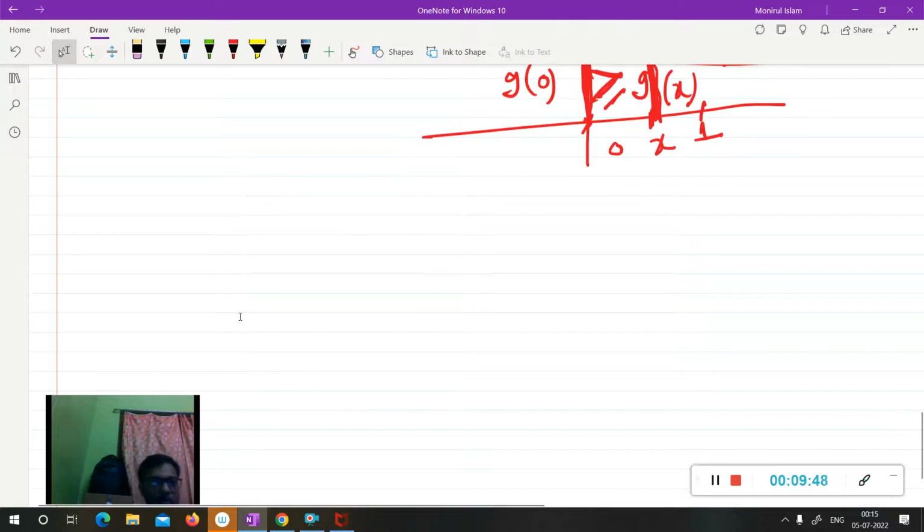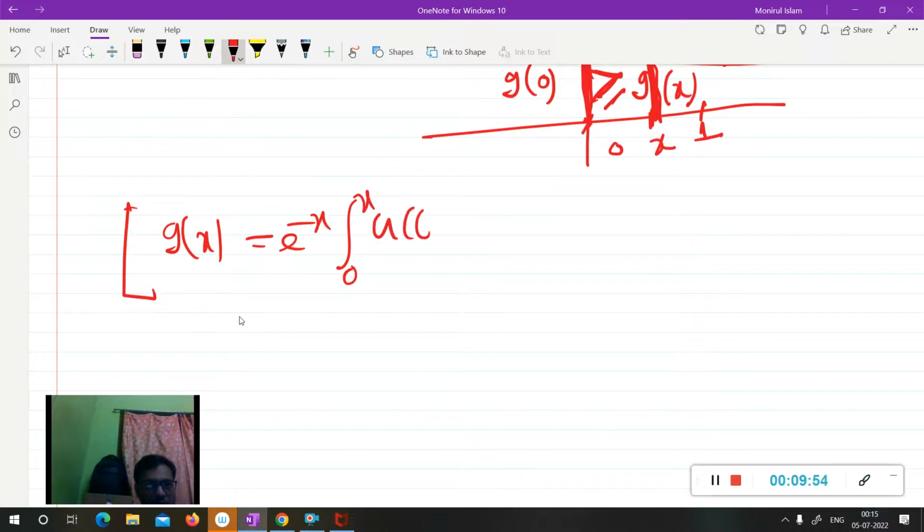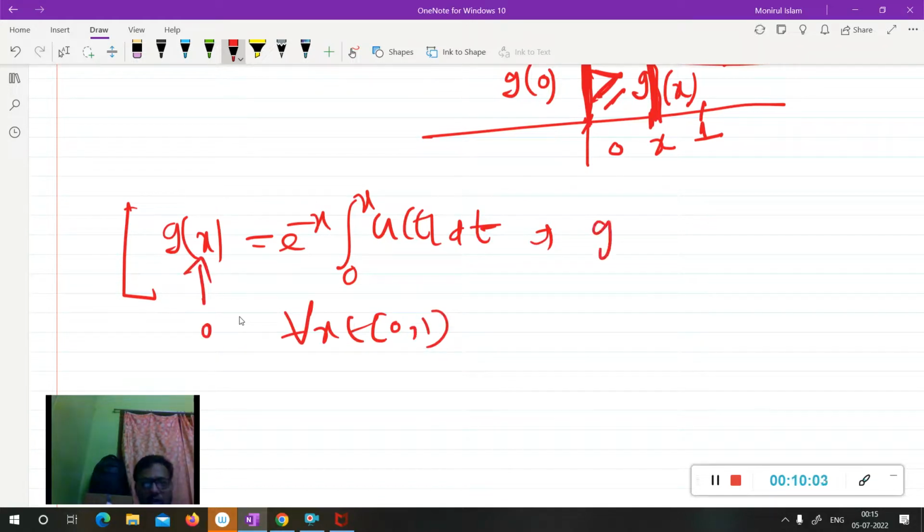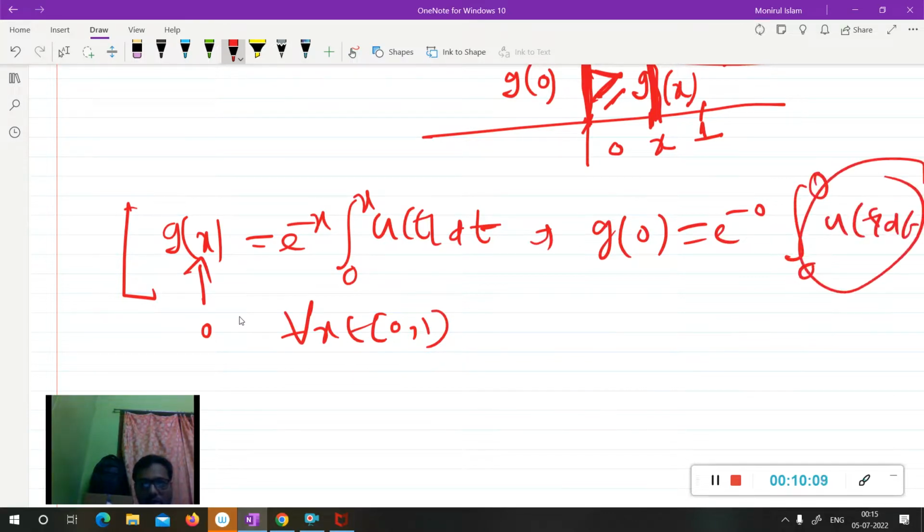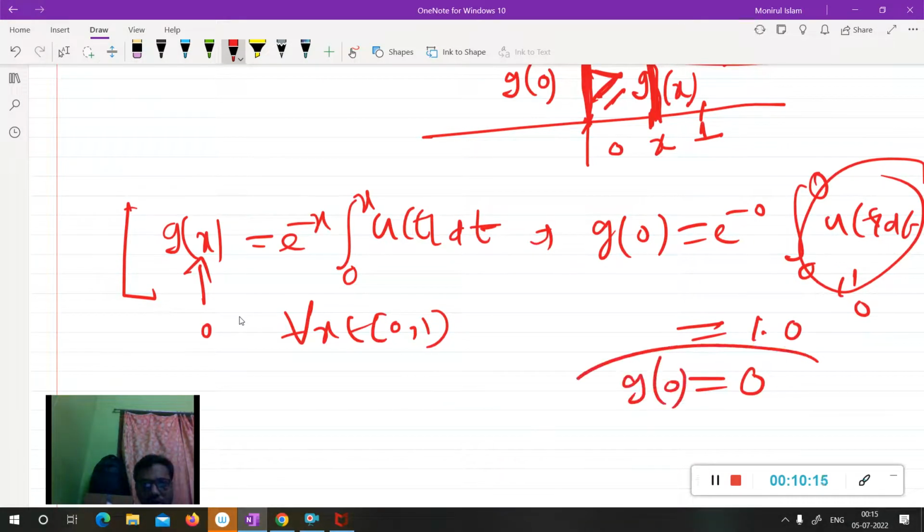This is true for x belongs to closed [0,1], so I can put 0 in place of x. If I put 0, this gives e to the minus 0, and the integral from 0 to 0 is nothing but 0, and 1 into 0 is 0, so the value of g(0) will be 0.